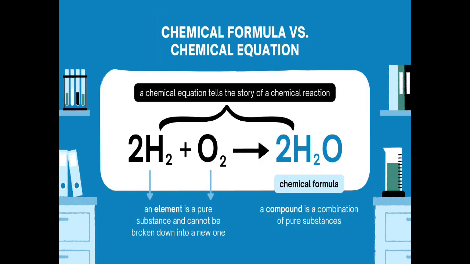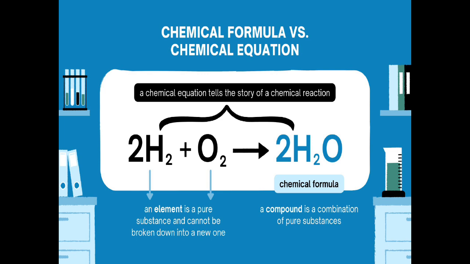Chemical formula versus chemical equation. A chemical equation tells the story of a chemical reaction. 2H2 plus O2 gives rise to 2H2O, where H2O is a chemical formula. H2 and O2 are elements, pure substances that cannot be broken down into new ones.